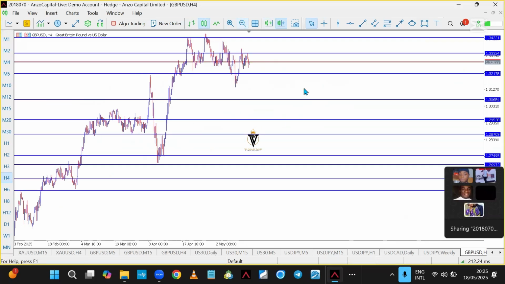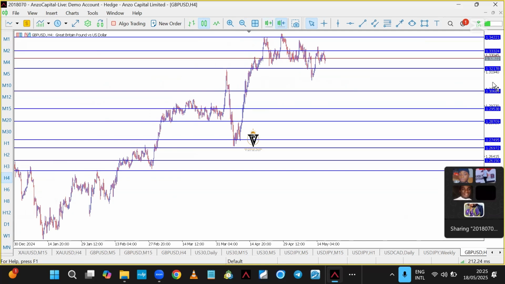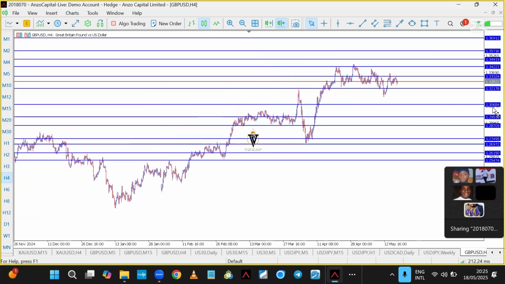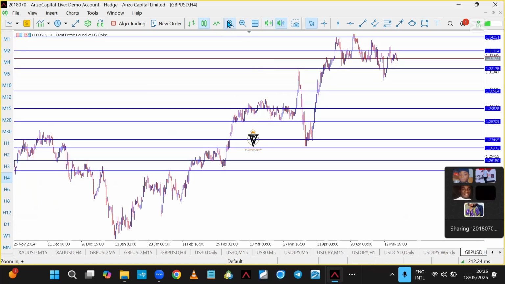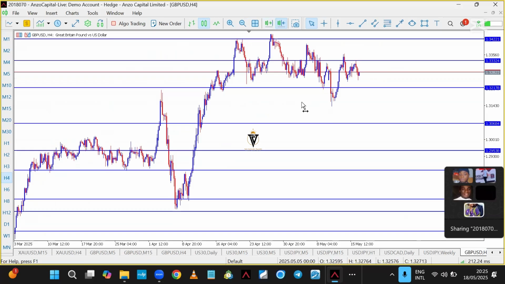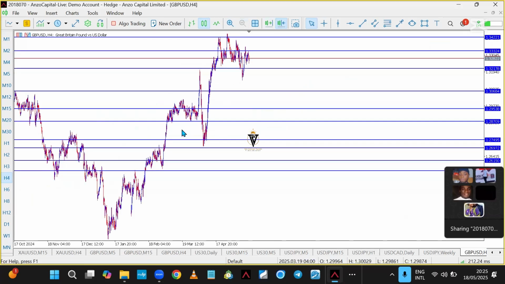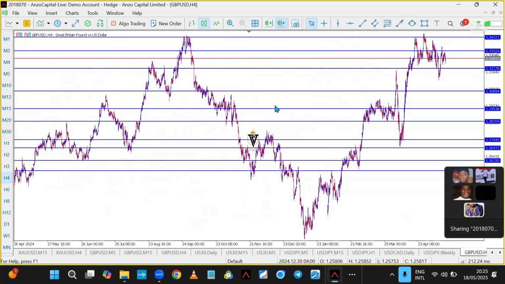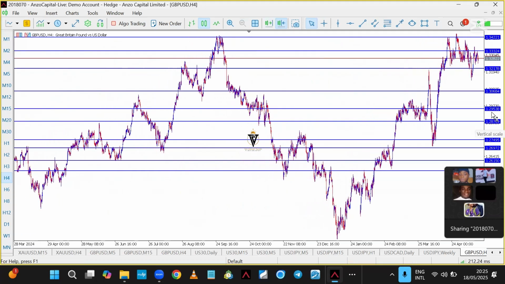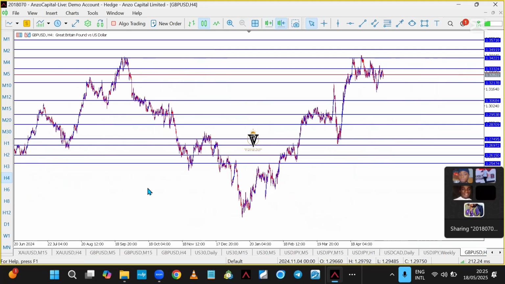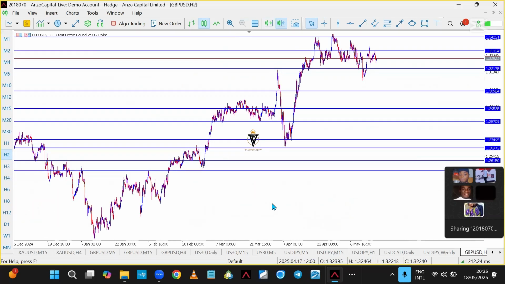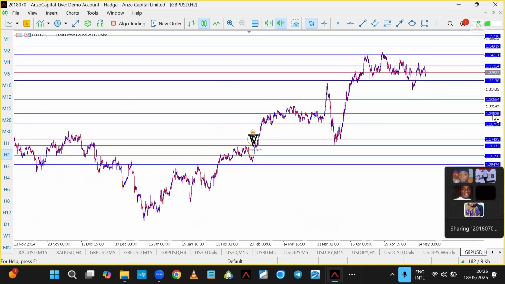So right now, we have seen that we have several levels that price responded or reacted to. I don't have to put in the rectangular tool, like I said, so that it will not look very cumbersome and rowdy. So we have this.